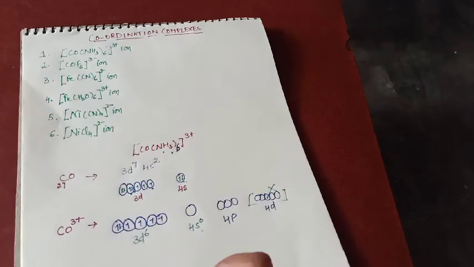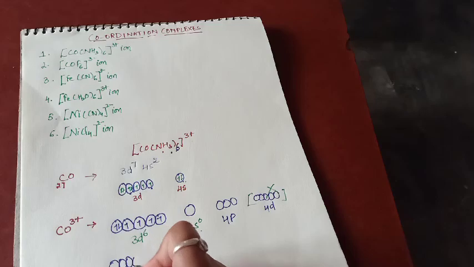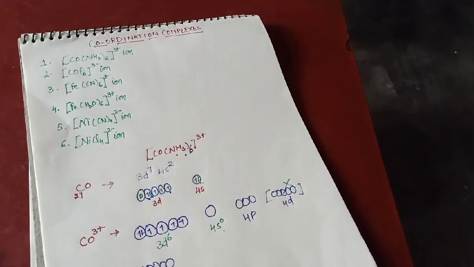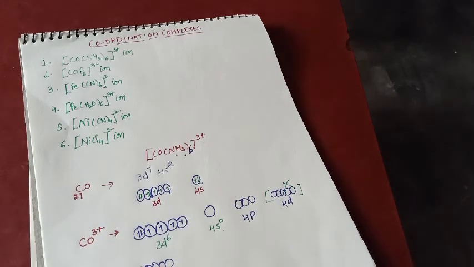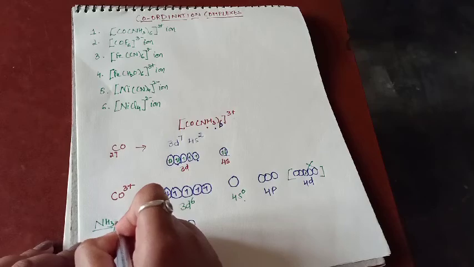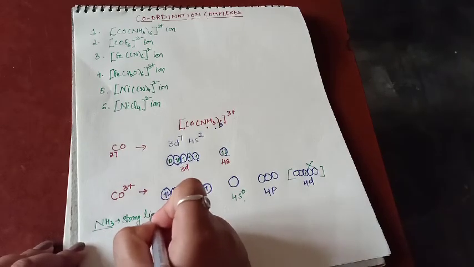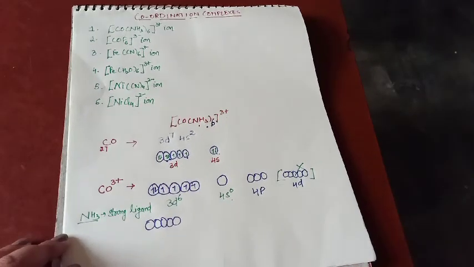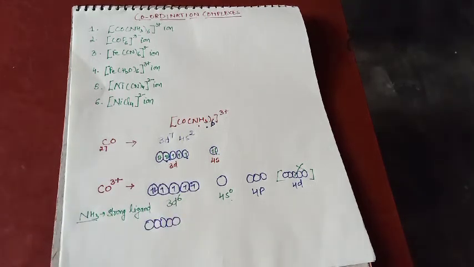Okay, so when we see the inner orbital, this will be the picture. 1 2 3 4 5. You can write here NH3. Okay, that is a strong ligand. So if NH3 is a strong ligand, what will happen? It will do the pairing in 3d.